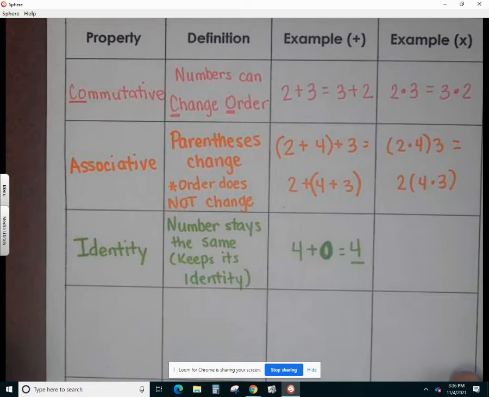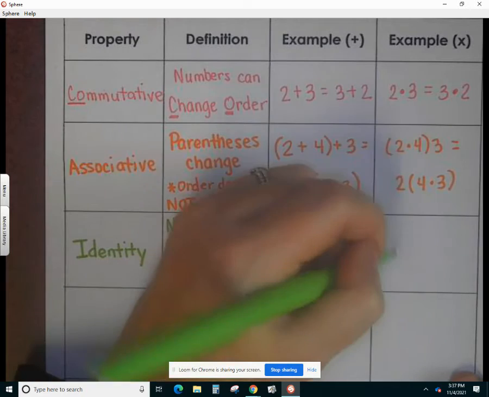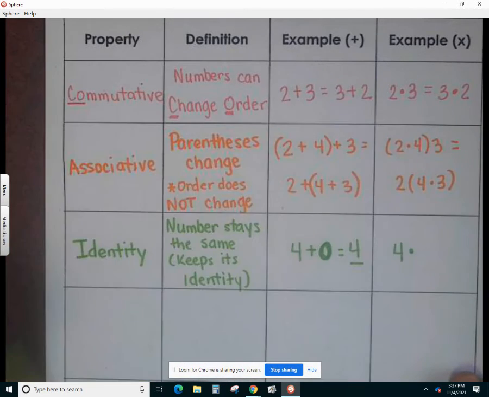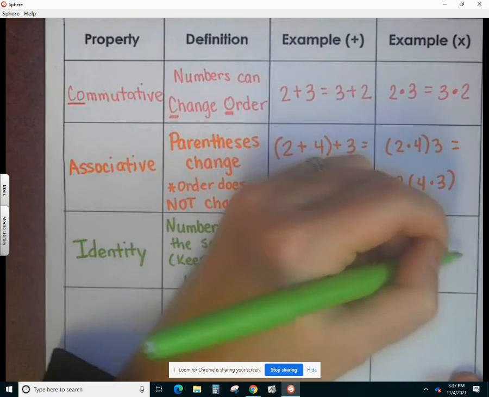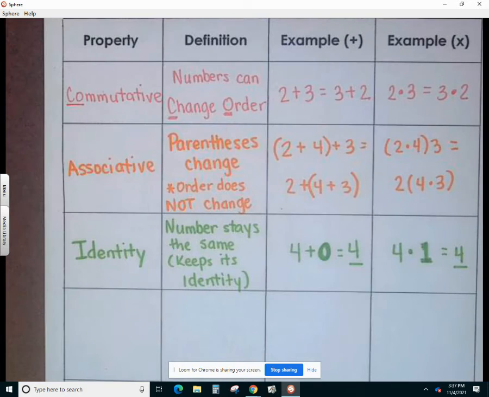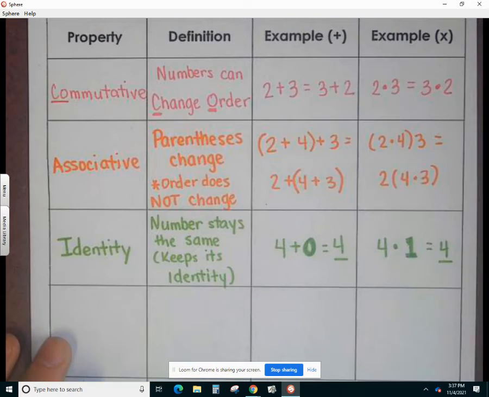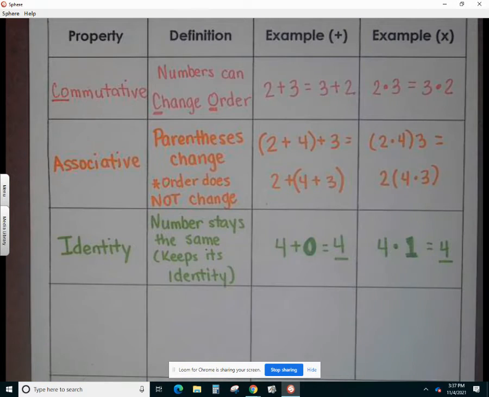There's also a different number that you can multiply something by to make it stay the same. So 4 times 1, and again, I'm going to make the 1 stand out, equals 4. 4, again, kept its identity. So the identity property also says that you can multiply any number times 1, and that number is not going to change.